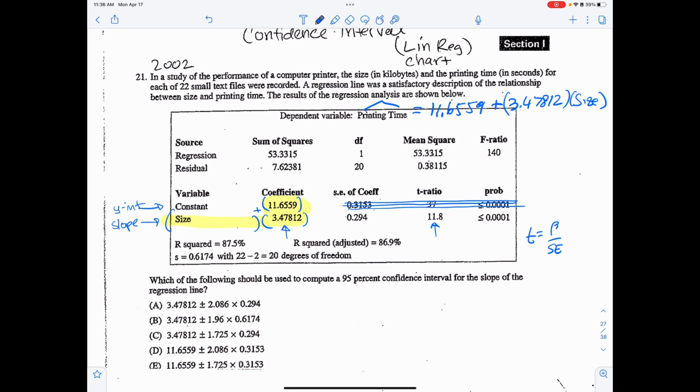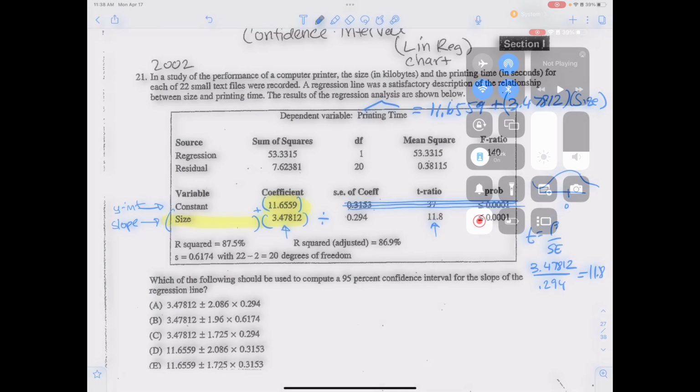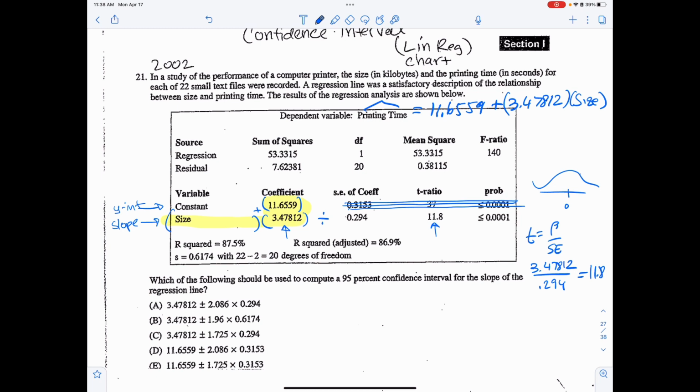The t is going to be 3.47812 divided by 0.294, which equals 11.8, and that's my t ratio. All that means is that's 11.8 standard deviations away from the mean, with a really tiny p-value. It's basically 0, and that's what the p-value is right there.